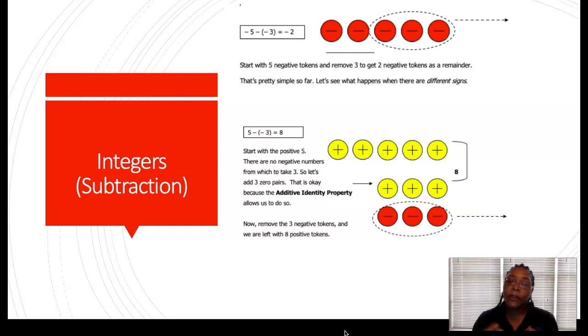So I'm going to place 3 sets of zero pairs on the mat as indicated below. And now I can subtract a -3 from my mat. What is left on my mat, if I count them all up, is 8 positive counters.